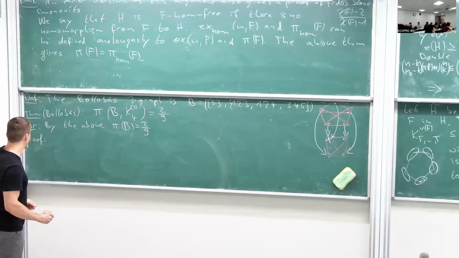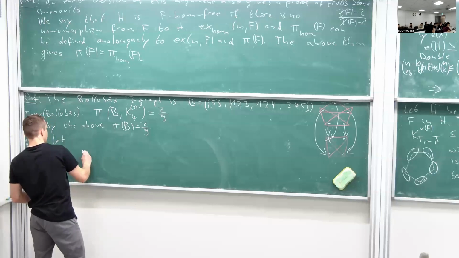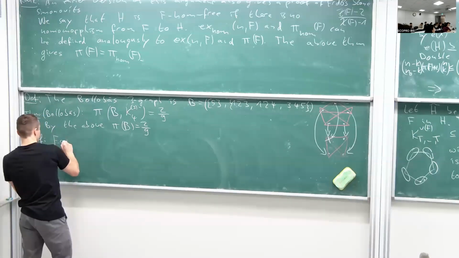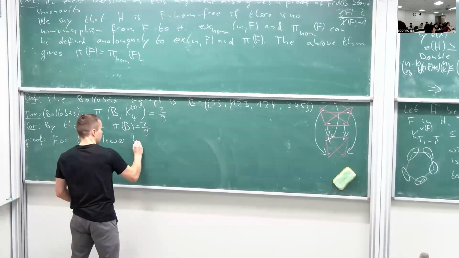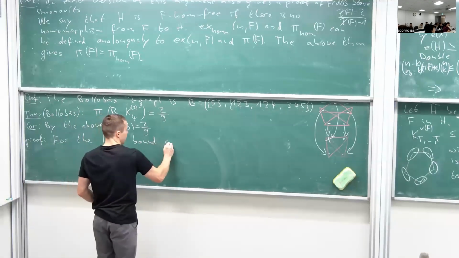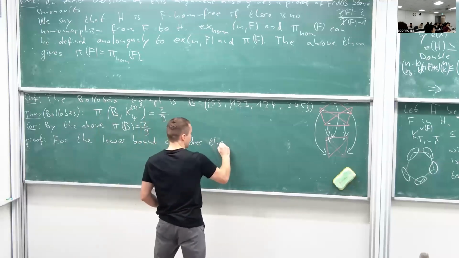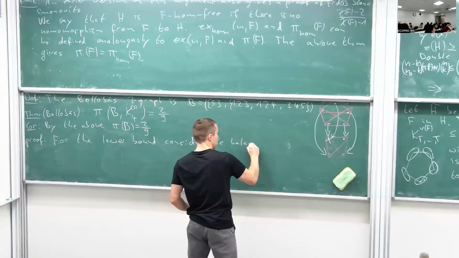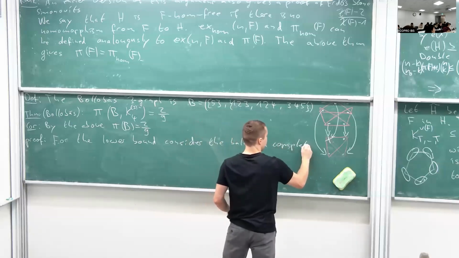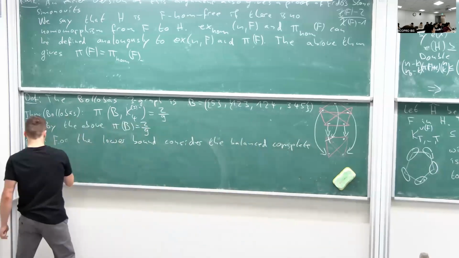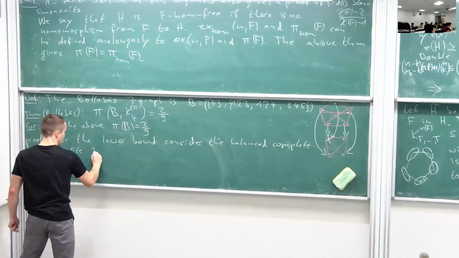So for the lower bound, consider the balanced complete tripartite graph.